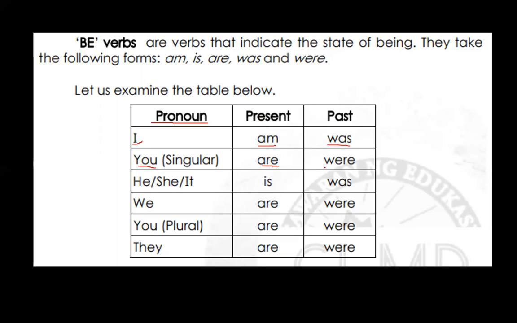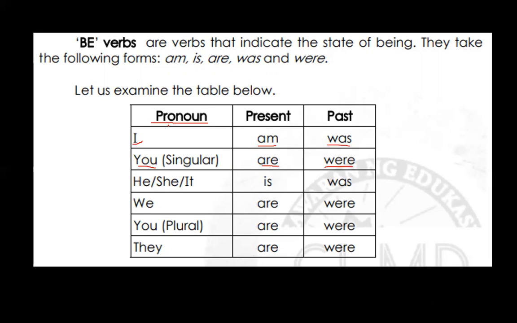Kasalukuyan po yung nangyayari. We use "were" if you are talking about the things that have already happened. Say, for example, you are talking to your classmate and you said that you were not able to pass your assignment on time. So this means that the passing of assignments has already been done. Natapos na yung pasahan ng assignment, and the person you are talking to was not able to pass his or her assignment. So this is the difference between the past and the present.